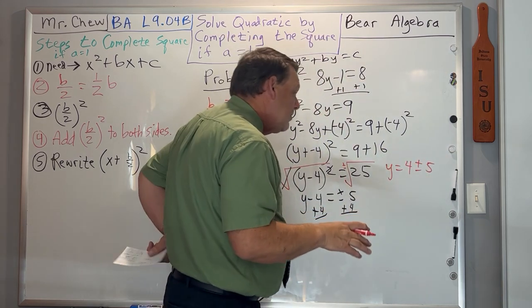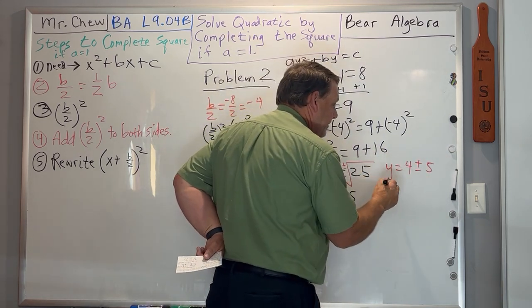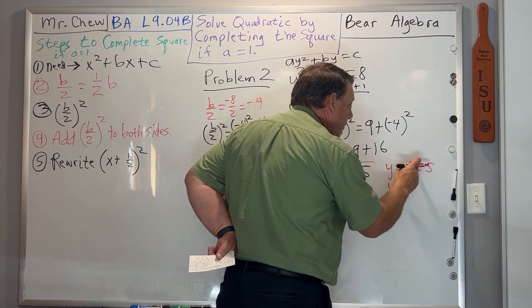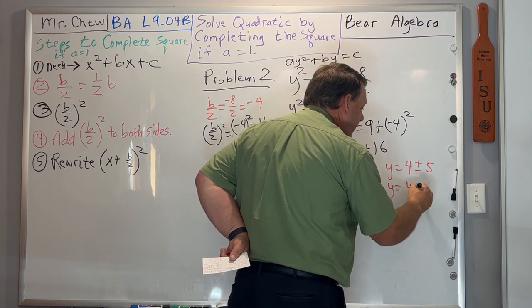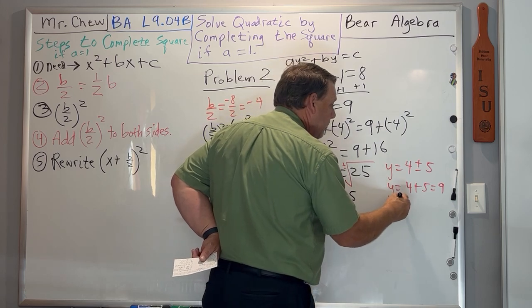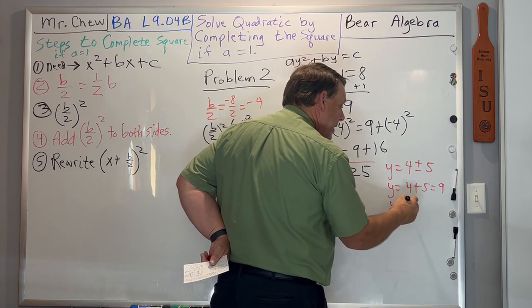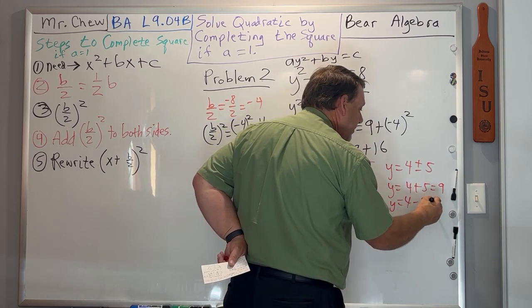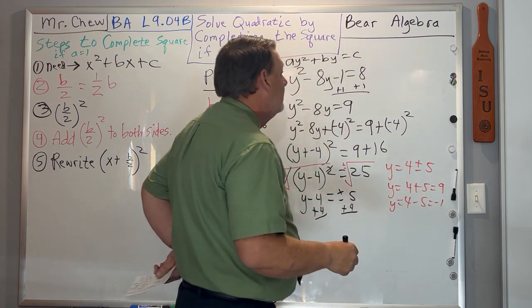Now I just have to do those. So the first possibility is y equals 4 plus 5, which is 9. And the second possibility is y equals 4 minus 5, which is negative 1.